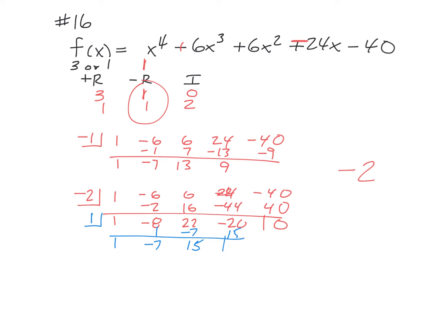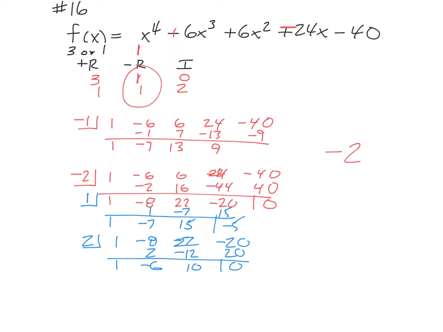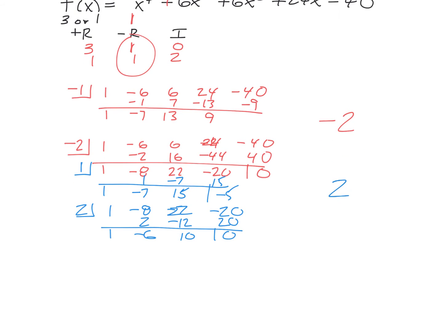And that's not going to work. If I check +2, using those values that I left off with after I found the first one, you can see that it does work. And so I found that 1 positive real, and I'm left with this quadratic, which I'm going to find out does not factor.